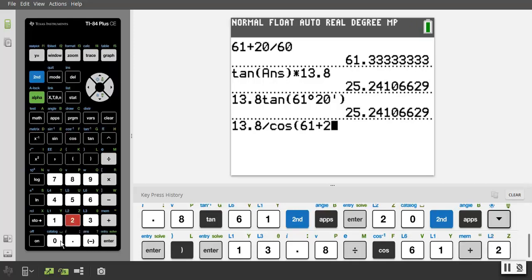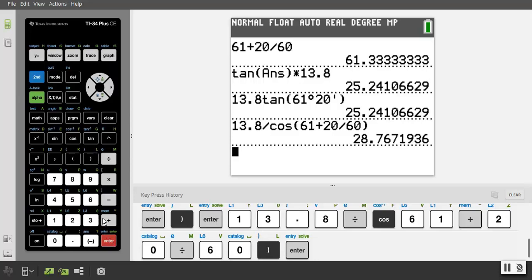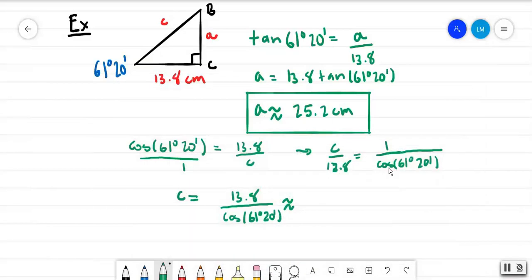I'm going to take 20 and divide that by 60, that way I don't need to do anything. Okay, so we just hit enter, and 28.8. So that's going to be 28.8 centimeters, and that's for side C.